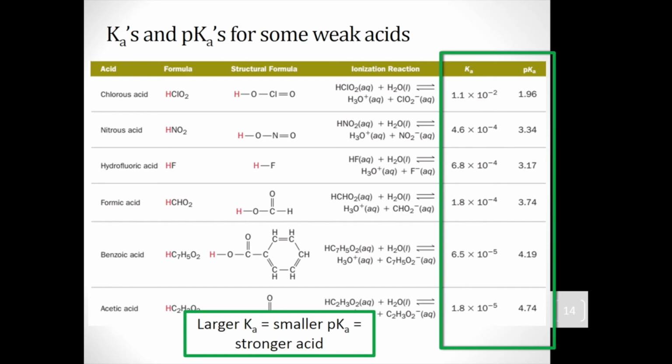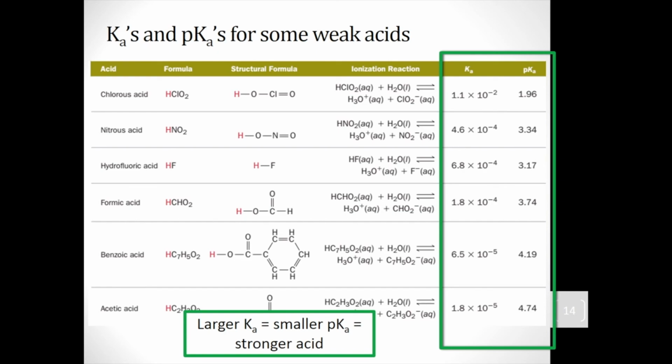Down the column, right, we go 10 to the minus 2, 10 to the minus 4, 10 to the minus 4, 10 to the minus 5, 10 to the minus 5, right? We are varying acid strength, but generally going from a bigger value to a smaller value.